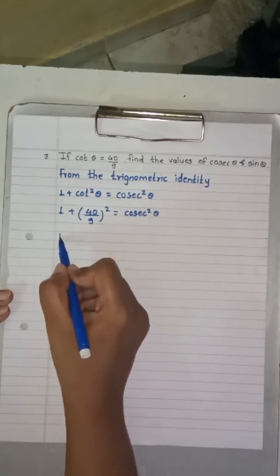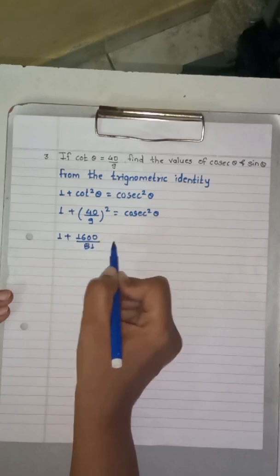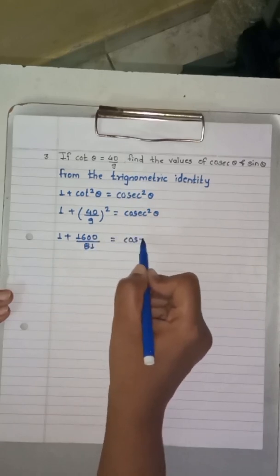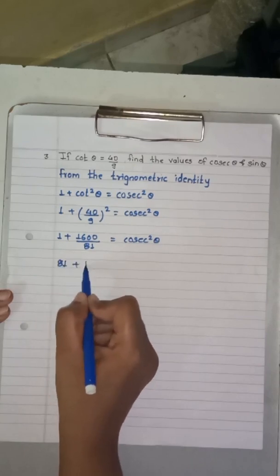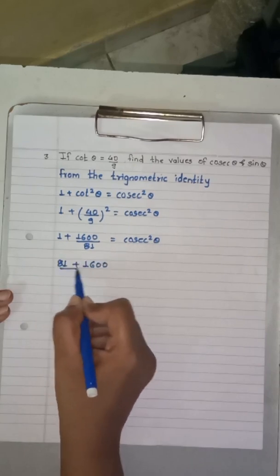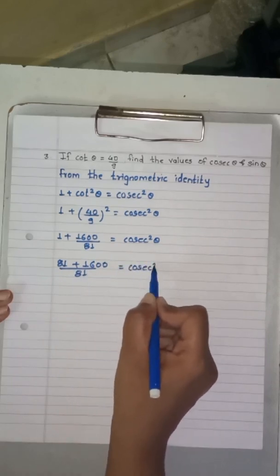That means 1 plus 1600/81 is equal to cosec square theta. That means (81 plus 1600)/81 is equal to cosec square theta.